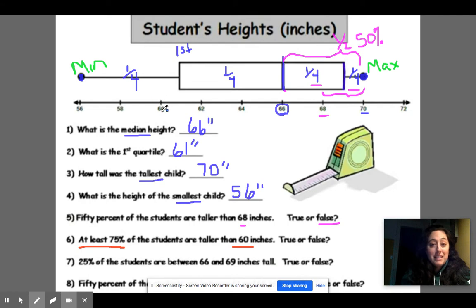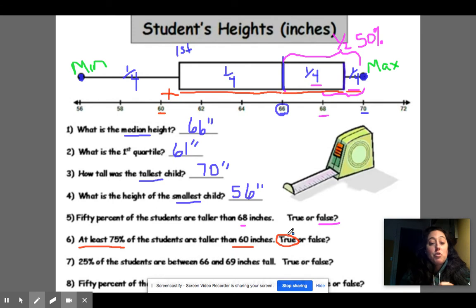Here is 60 inches. It looks like I've got a quarter here, 25%, and then another quarter, 50%, and then another quarter, 75%. And then we just have a little bit more, a little extra, so I'll put a little plus sign. So at least 75% of the students are taller than 60 inches. That is true. It looks like a little bit more than 75% actually.